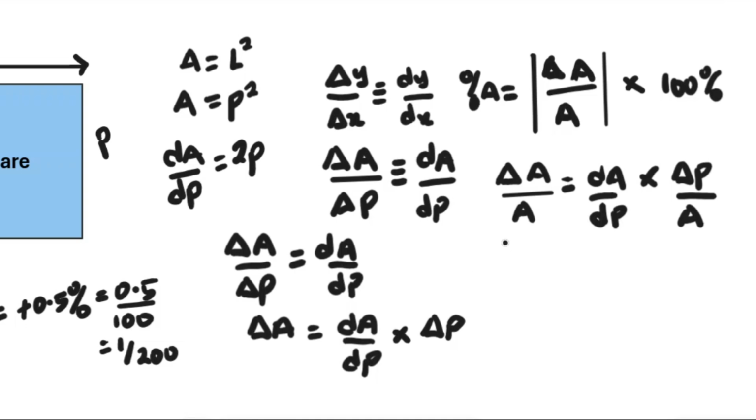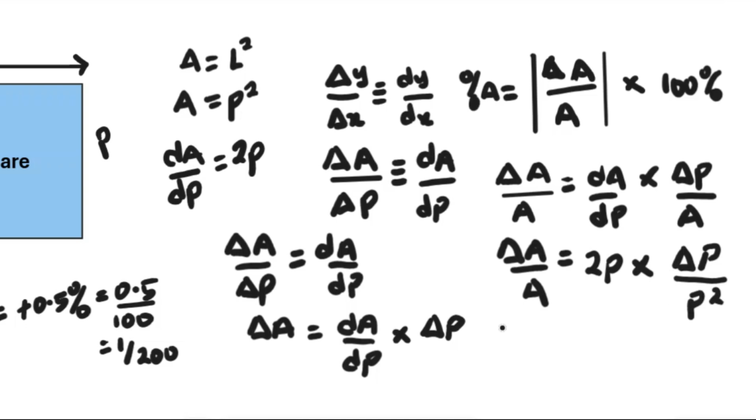So now let's solve. Delta A over A will now give us our dA/dP. We have gotten our dA/dP to be what? 2P. So this will give us 2P times delta P divided by our A. Don't forget, our A is equivalent to P raised to the power of 2.